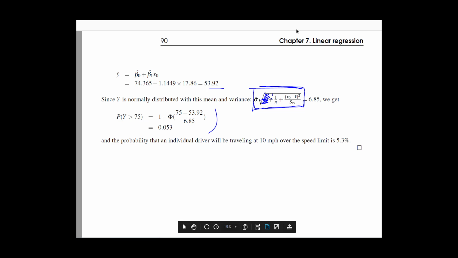So just delete it from that formula, and that's the variance of the mean value. If you're not sure, please go to sections 7.8.1 or 7.8.2 to see the difference between prediction of the mean response or prediction of a particular value. You're going to get a different number here, so everything else will be different, but that's the only change you need to make.